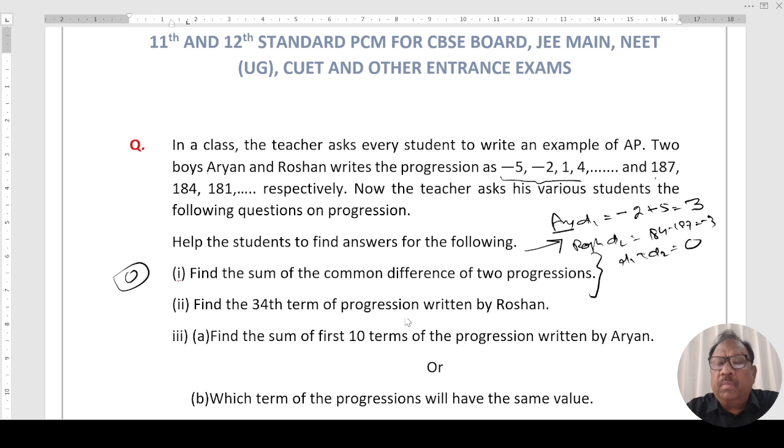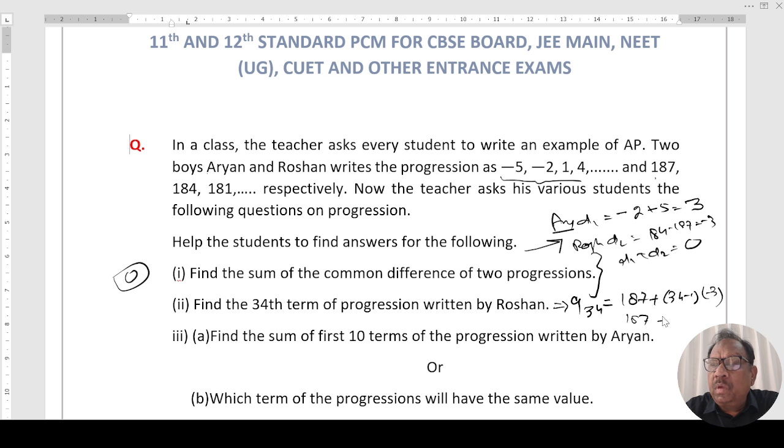Find the 34th term written by Roshan. A34 equals the first term 187 plus 34 minus 1 into -3.